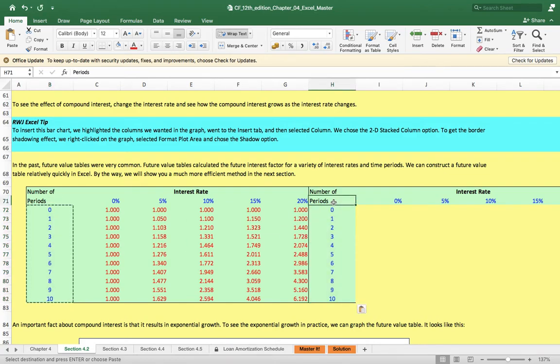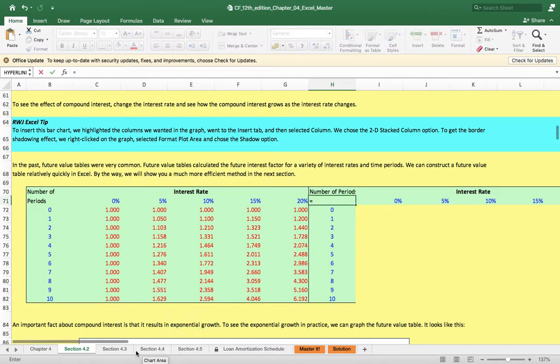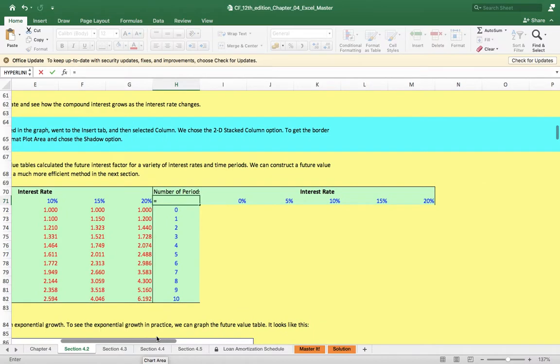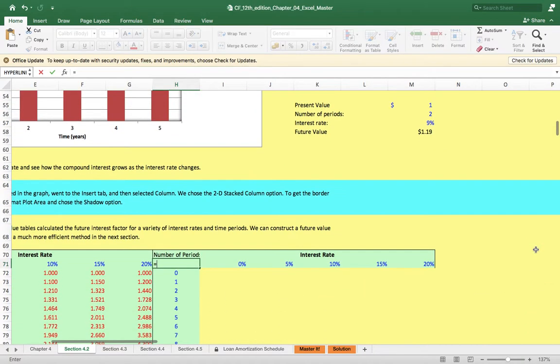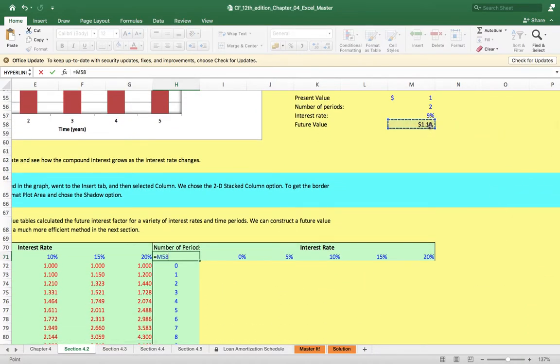Okay, here number of periods. You can write down number of periods and leave this area blank. In this area you write equal to, go to the formula which you have just written, enter.